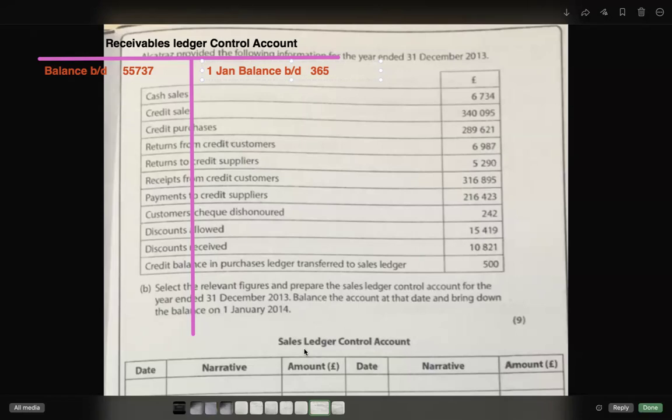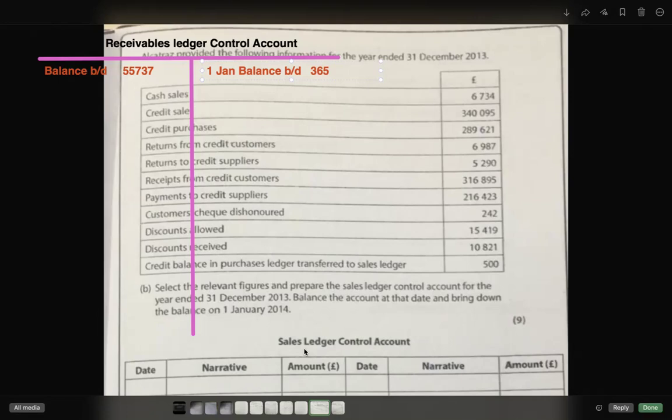Cash sales are immediately recorded in the cash book. Cash sales and cash purchases do not appear in the control account. Concept clear? Neither the receivables ledger control account nor the payables ledger control account. None.